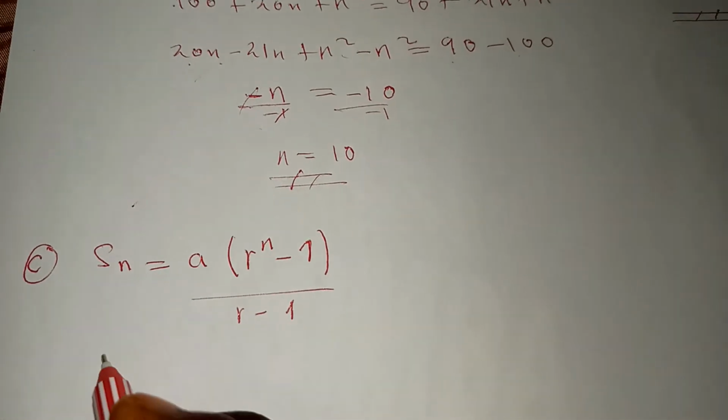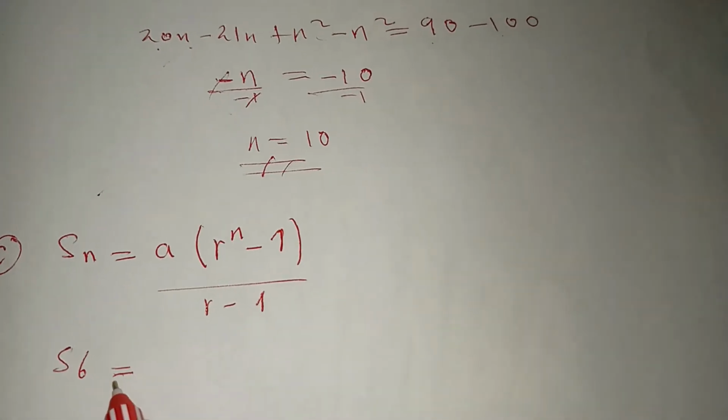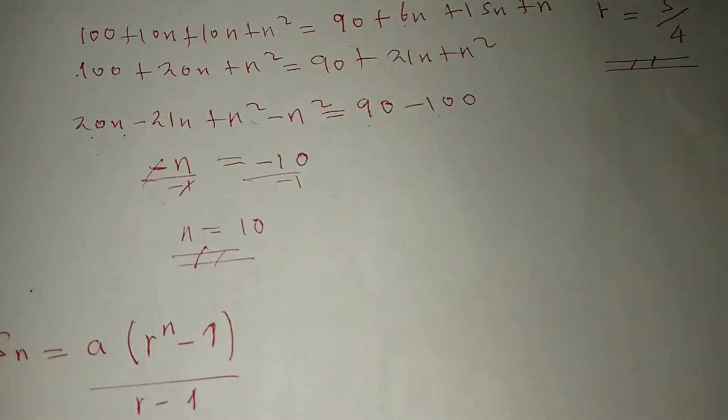Okay, then they are saying how many terms? 6 terms is equal to first term we can find by saying a is equal to 6 plus n, which is the same as 6 plus 10, and this is giving us 16. Then we continue here.